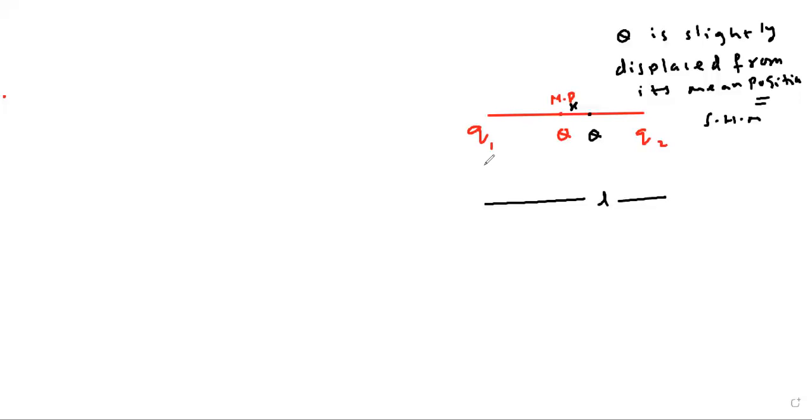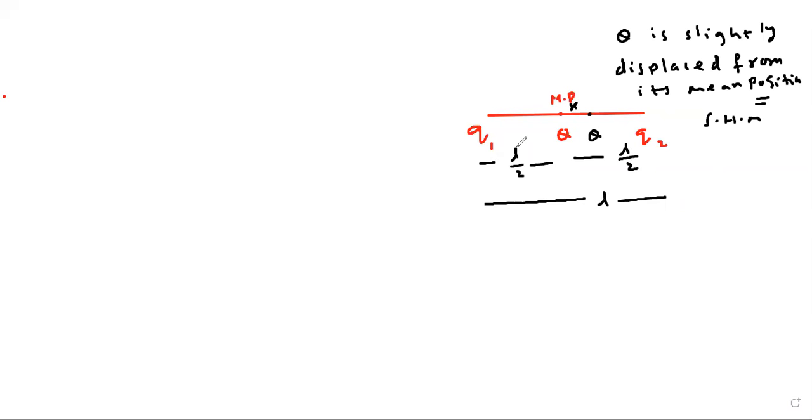At the mean position, which is nothing but the midpoint, F net is equal to 0 for the external charge. We already proved that. Therefore, the distance from Q1 to Q is L/2, and the distance from Q2 is also L/2.